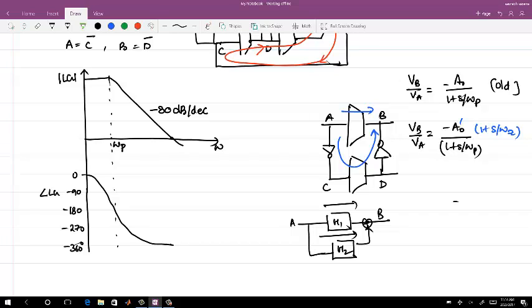But this is a simple rule that you can remember. You can work this out: if both the input paths are contributing in the same phase, meaning positive or negative, then you will have a left half plane zero. If they are in opposite phase, then, sorry, opposite is a right half plane zero.